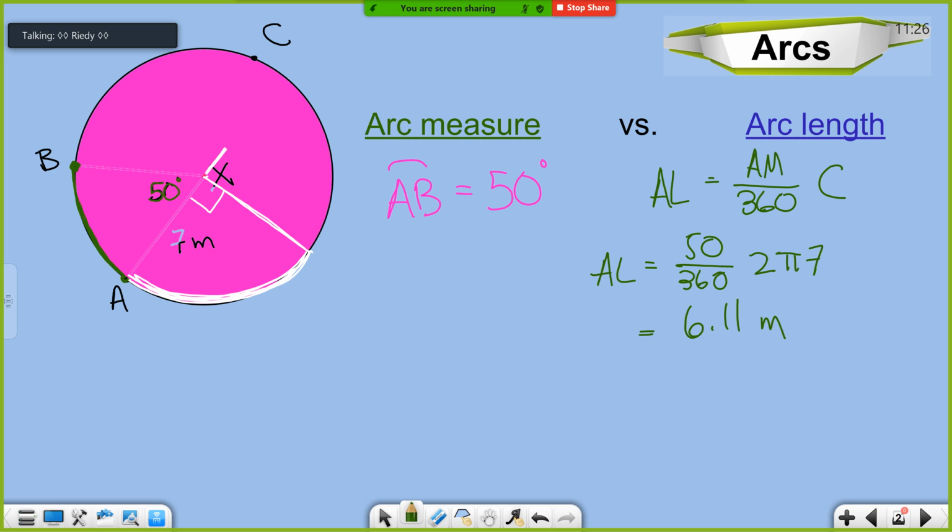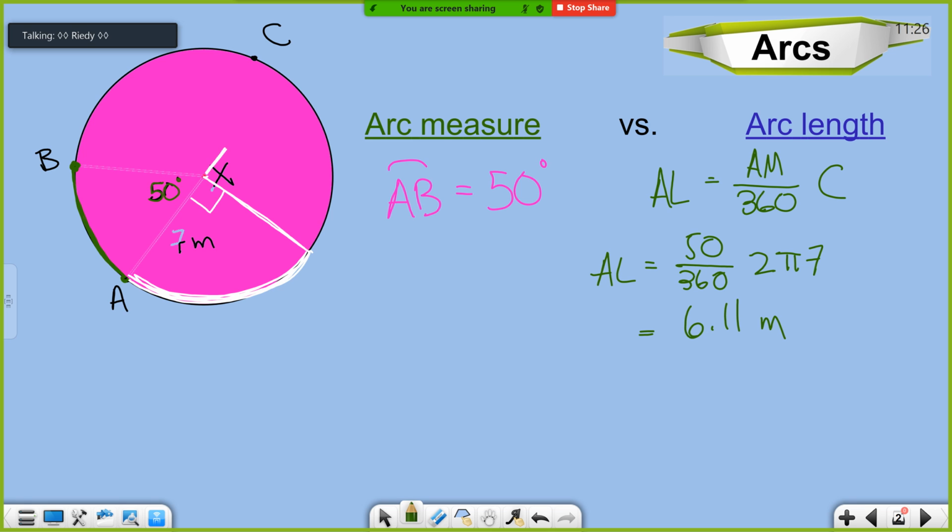Okay, because it's a length, my units are going to be in a linear measurement: meters, inches, feet, miles, whatever it is you're using to measure it. So again, keep it simple. If you can find the circumference of a circle, which I know you all can, then finding an arc length is just a matter of taking whatever part of the circle we're talking about. Okay, we're good? Excellent.